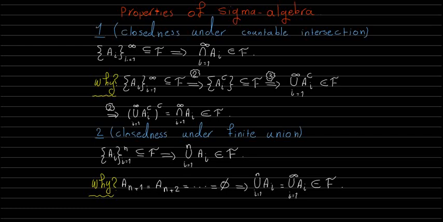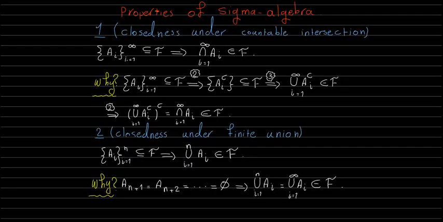So from the third property, the union of complements of A sub i's is also in F. And from the second property, the complement of this union, which is the intersection of A sub i's, is also in the sigma algebra.